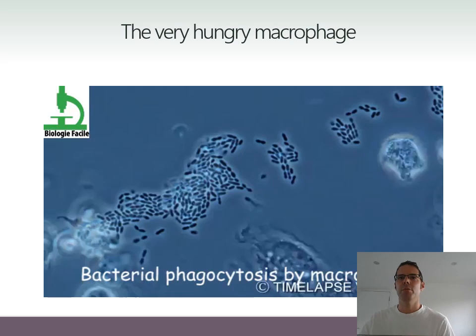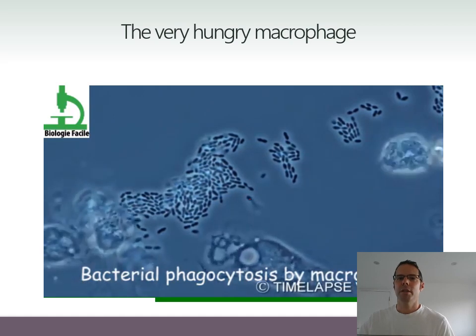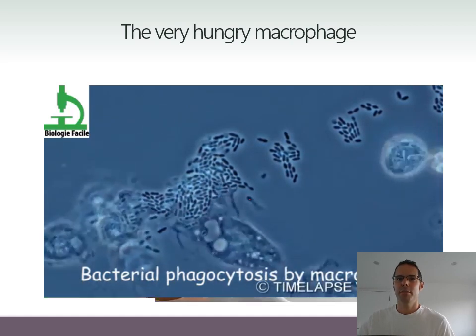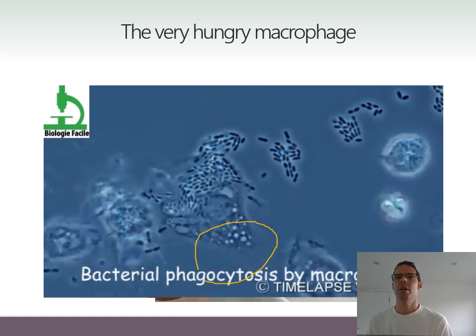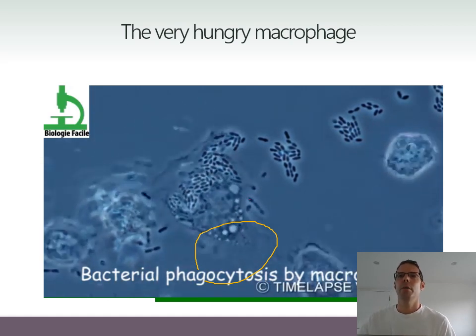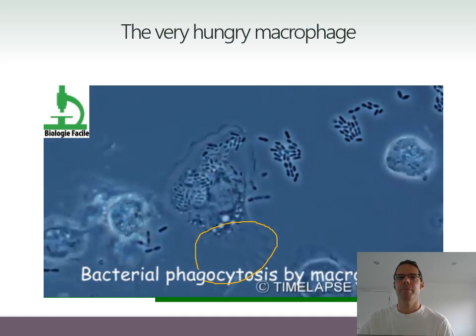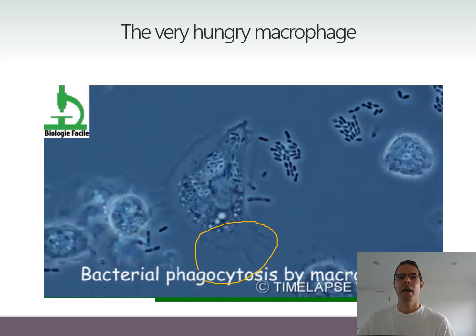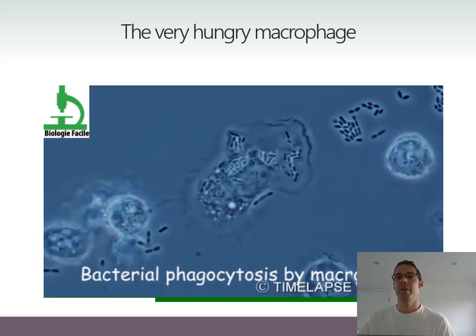So hopefully, if you see this movie in front of you, which will maybe be playing, yes. I hope you can see down here, this one here. This is a macrophage. This is one of the innate immune cells of your immune system. It's finding some bacteria, and that's all these things here. And it's not just finding them; it's eating them, and it's very hungry.